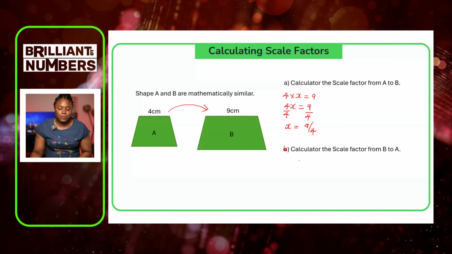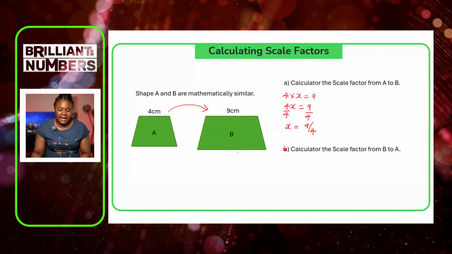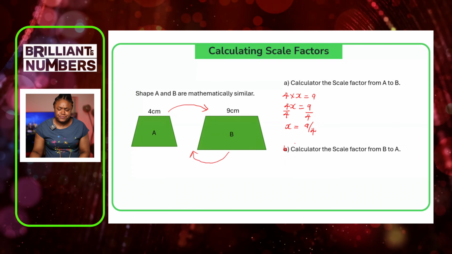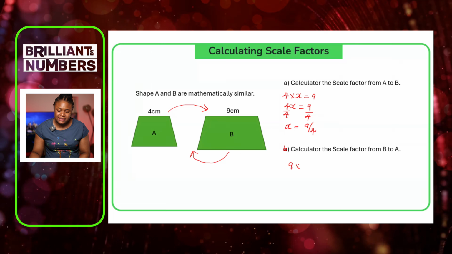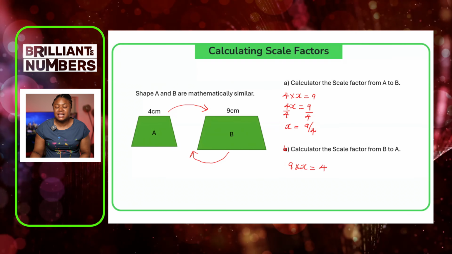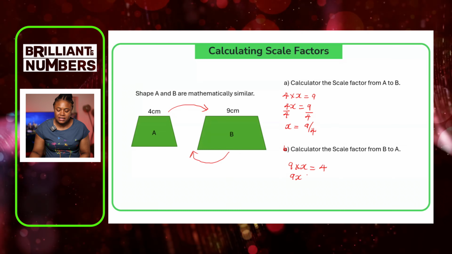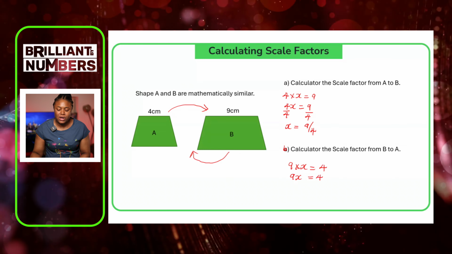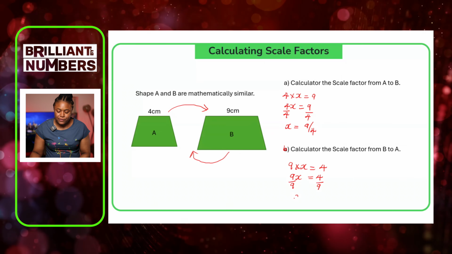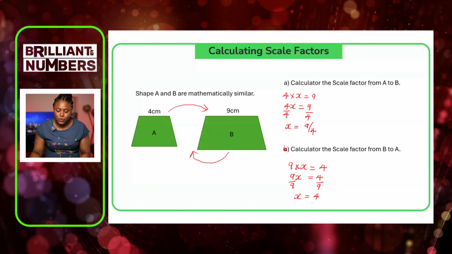Now for part B, we're going from B to A, so we're going this direction. So therefore 9 times by something should get us back to 4. So 9 times x is 9x, and 9x is equal to 4. I just need to divide both sides by 9. So therefore x is equal to 4 9ths.